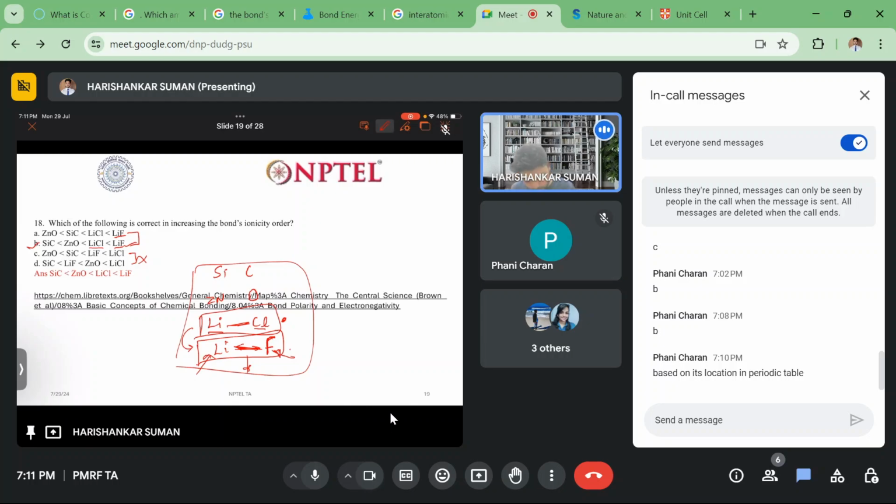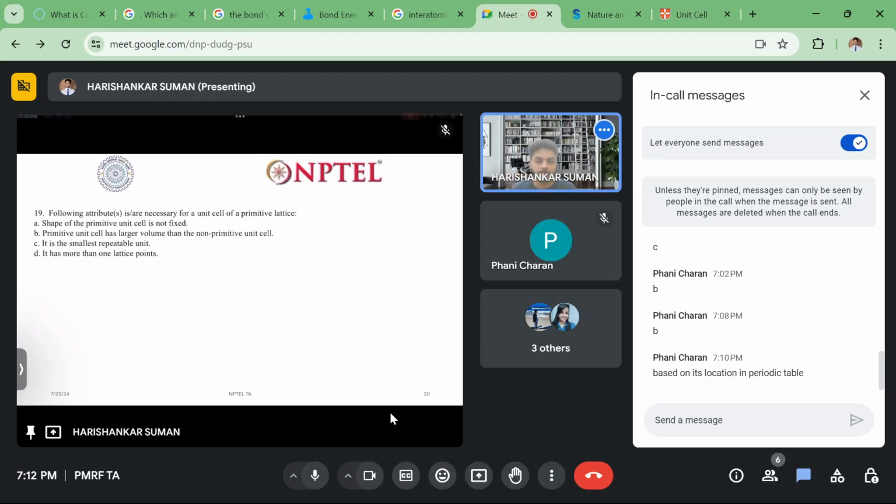You can also visit this site if you want to learn more. Next question: the following attributes are necessary for a unit cell of a primitive lattice.